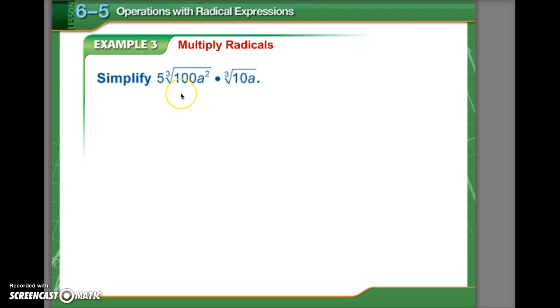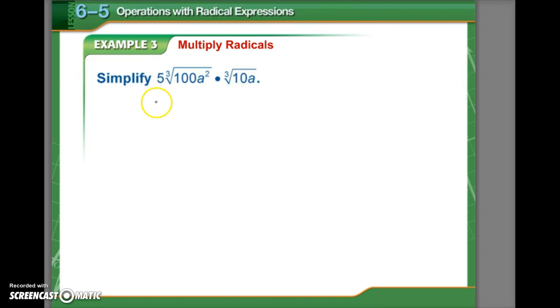So let's look at example 3 here. We're going to be multiplying radicals, and we need to simplify after we multiply the two things together. The first thing I notice is that each of these are both cube roots. So if you have the same root, you can combine these two radicands into a single cube root expression.